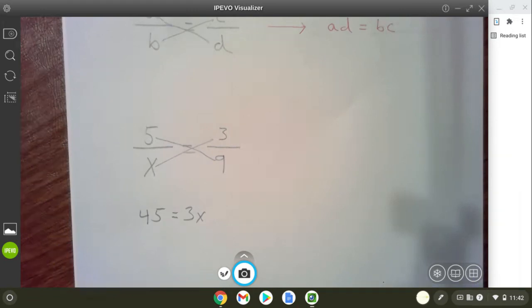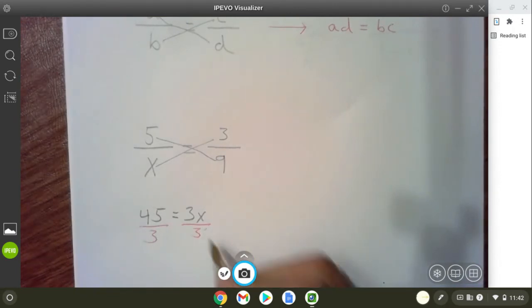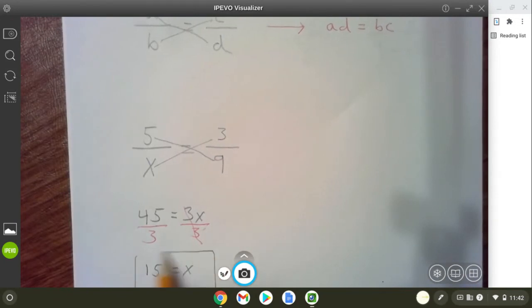So we cross multiplied, and now we just solve the resulting equation, which this one's pretty easy. 3 times x, all you got to do is divide both sides by 3. All right, 3's cancel. 45 divided by 3, that's equal to 15. And nothing to it. That's all you had to do for that one.